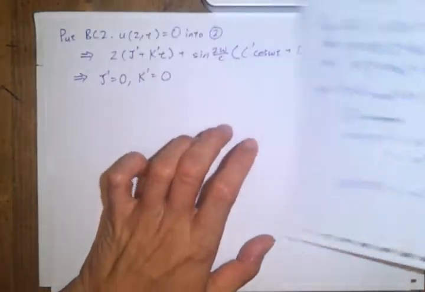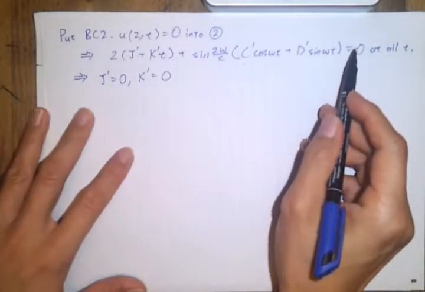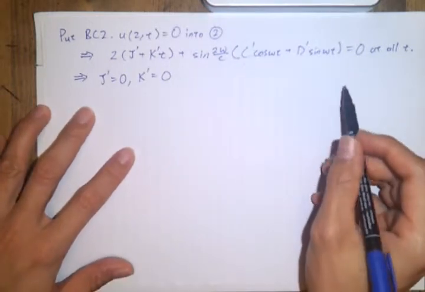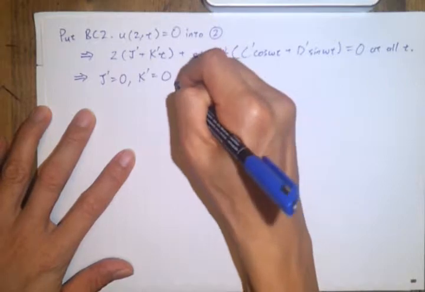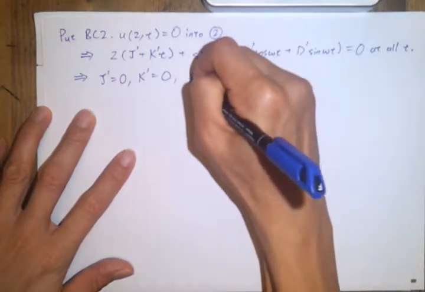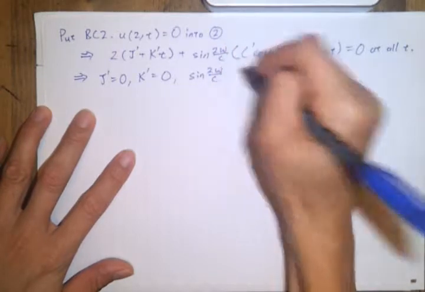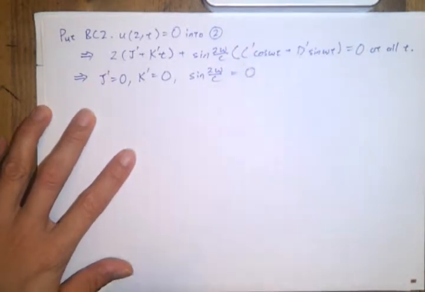So if you look closely at this term, to make this term equal to 0, there's another way. The other way is to have sine 2 omega over c equal to 0.